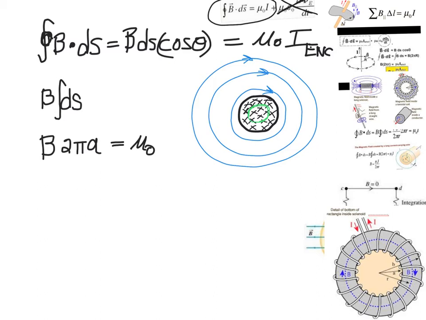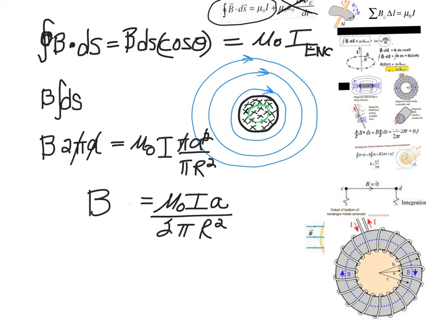The I enclosed is the total I times the area of the green circle, pi a squared, over the area of the entire wire, pi r squared, where r is the radius of the wire. The smaller a is, the less surface area, so the current through the loop is proportional to that ratio of surface areas. I hope you can see that.